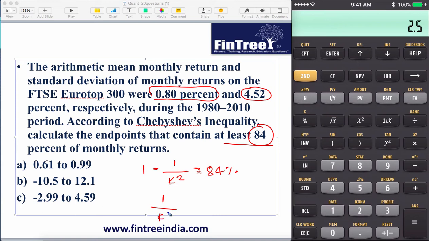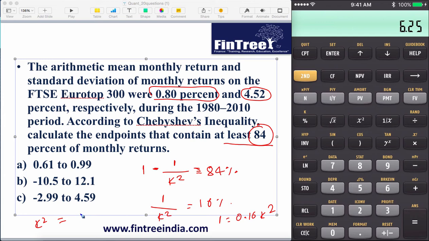That means 1 divided by k square should be 16%. 100 minus 16% is 84%. So that is equal to 1 is equal to 16%, I am writing this as 0.16 k square. Okay, now we can shift that, so we can say k square is equal to 1 divided by 0.16.